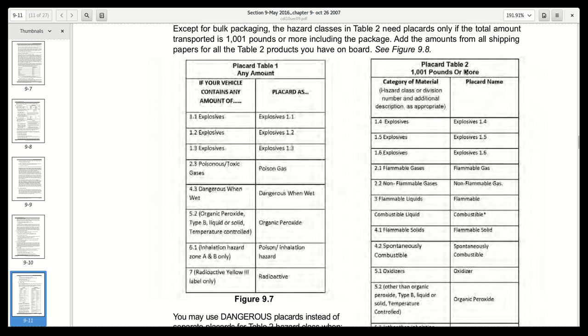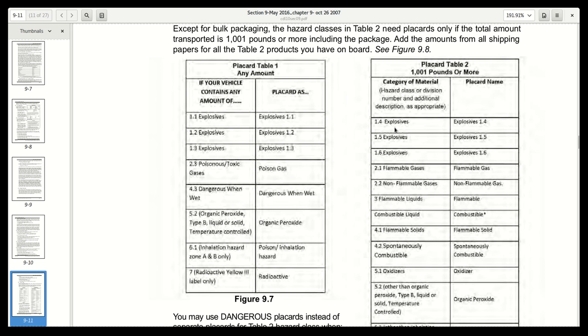Okay, Table 2. These are ones that if you have 1,001 pounds or more, you need, apparently, from what I can tell, the placard. So the category of the material, hazard class or division number, and additional description.